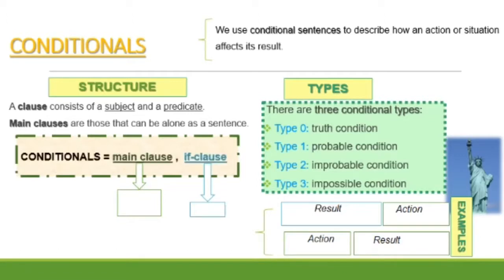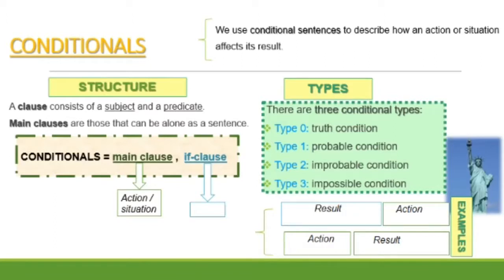So what's the structure of a conditional? We have the main clause, that's the action and the situation, the complete sentence: subject, verb, predicate. Then we have the if clause, that is the dependent clause. The if clause depends on the main clause to what?